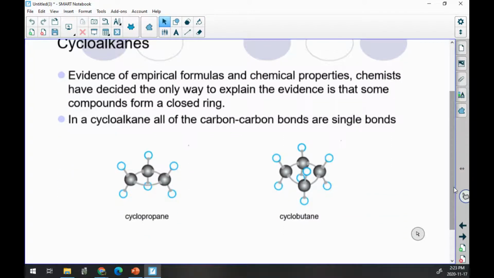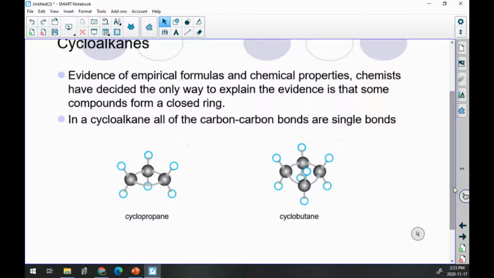Based upon empirical evidence, i.e. mass spectrometry and percent composition, we know that there are compounds that contain twice as many hydrogens as carbons but don't contain any double bonds. Double bonds are easy to test for; I'll show you how to do that.